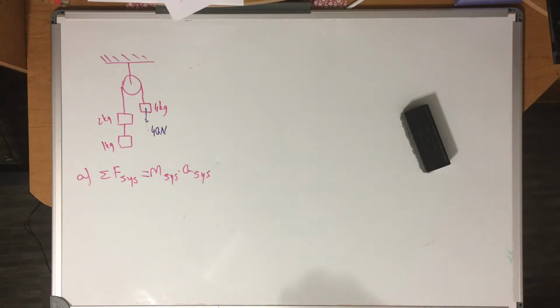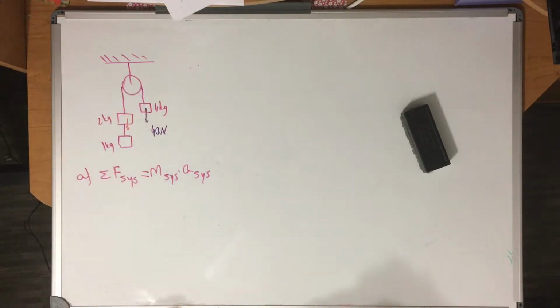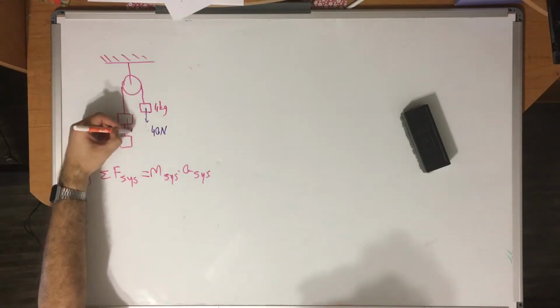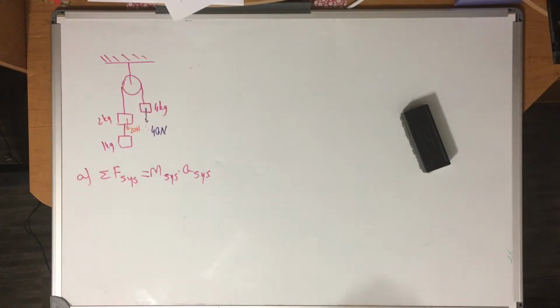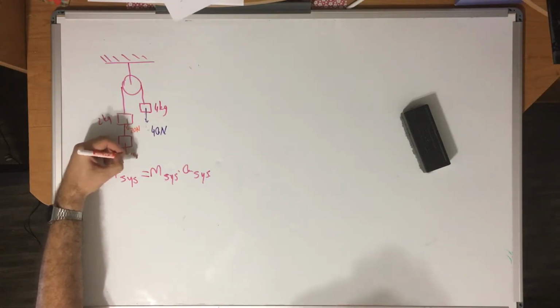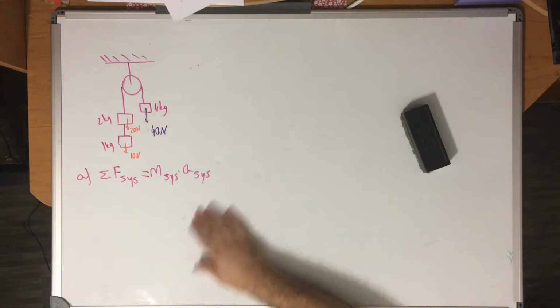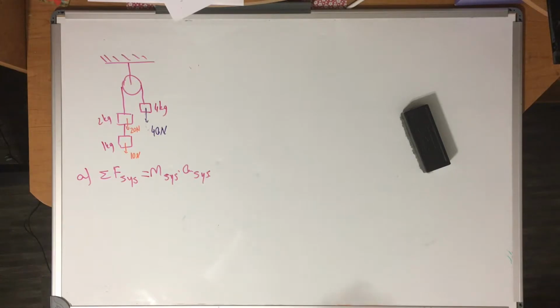And then on the other side of the pulley, you're going to have 2 kilogram of object, and then gravity is acting on this guy. So that's going to be 20 newtons. Plus you have this extra 1 kilogram that also has some gravitational force acting on it, and that is 10 newtons.